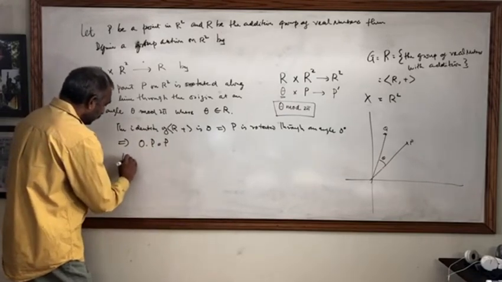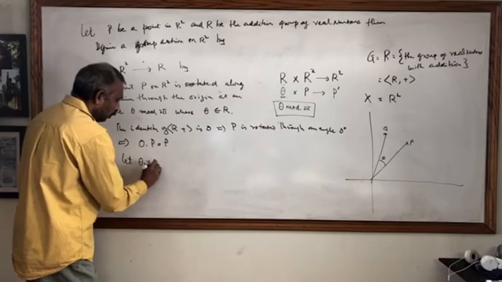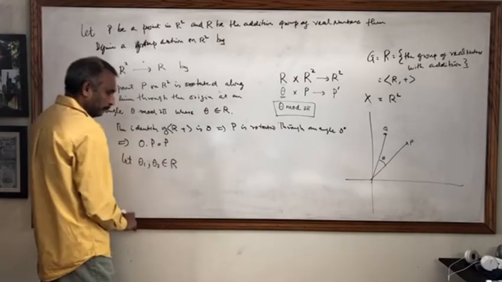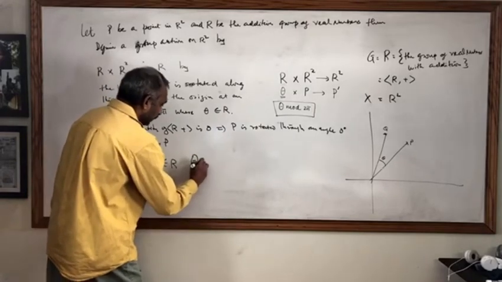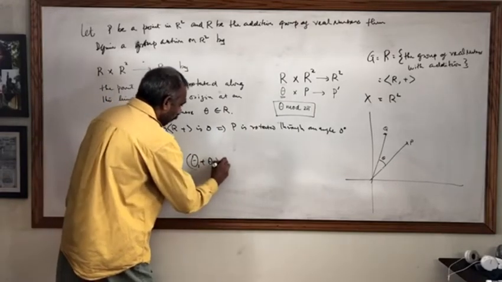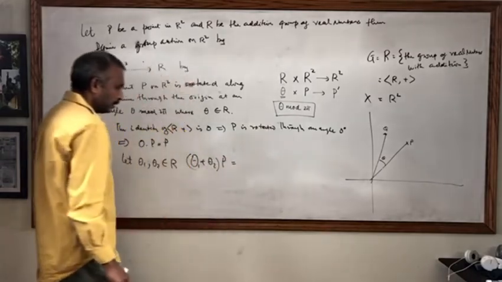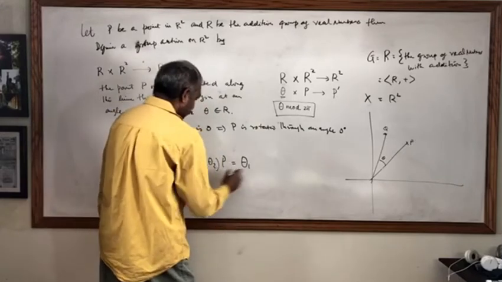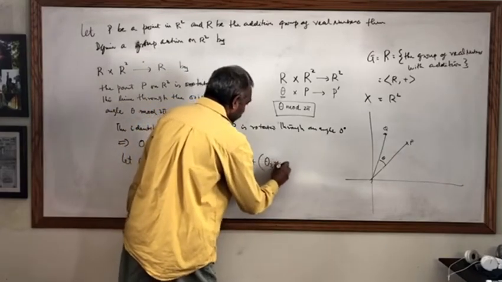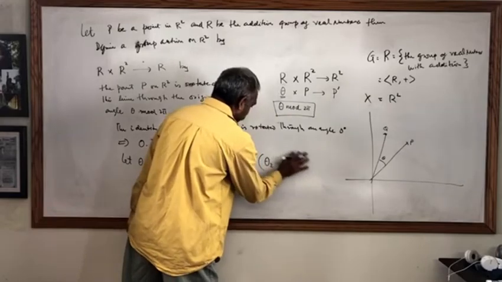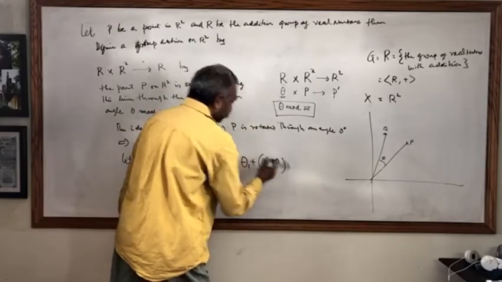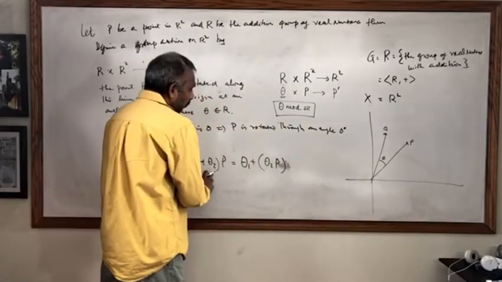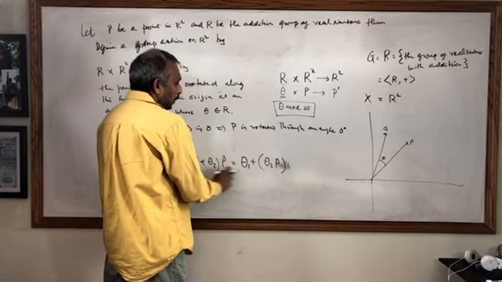So let theta 1, theta 2 belong to R. So theta 1 plus theta 2 of P is equal to theta 1 of theta 2 P, because theta 1 plus theta 2, you can write it like this.